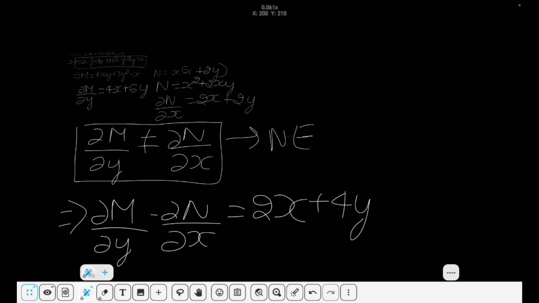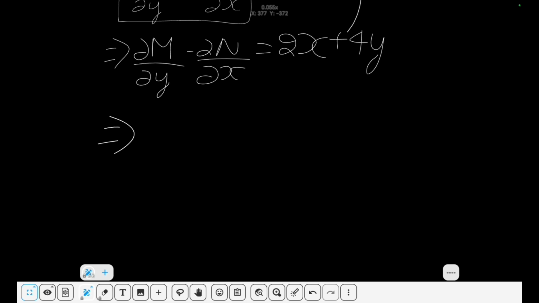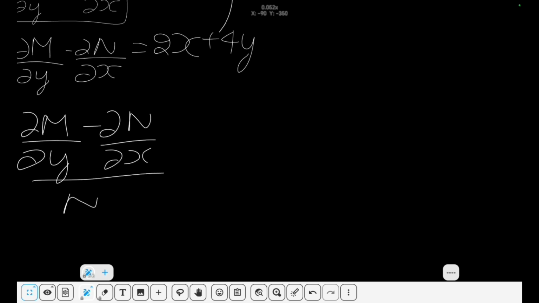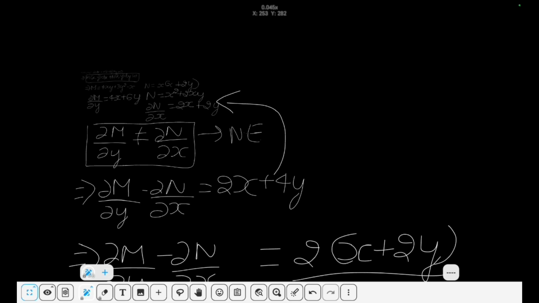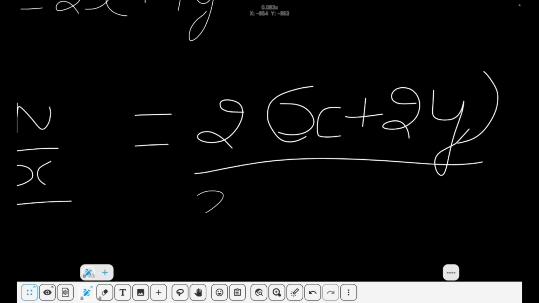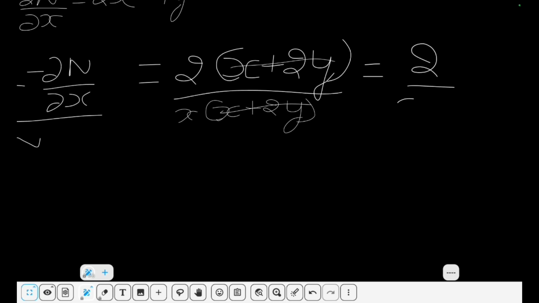Now 2x + 4y is very close to ∂N/∂x, so let us divide it by N. ∂N/∂x is 2(x + 2y), and N is x² + 2xy. We can take x common from that, so that gives us x(x + 2y). So we can cancel this out, and that gives us 2/x.